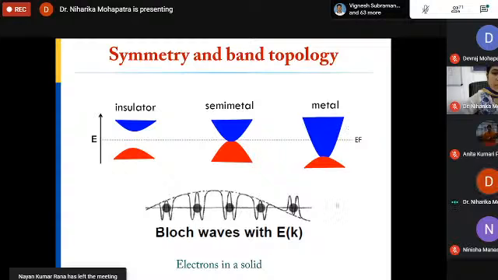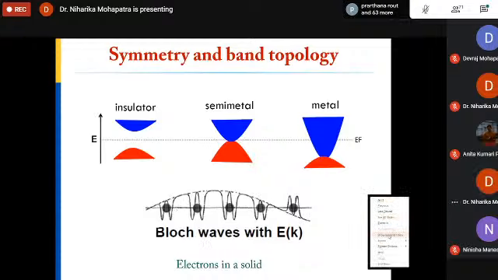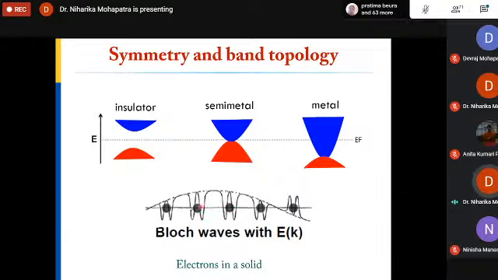Then if we look at the electronic states inside the solids, they are actually in the potential of the ions. In the solid, you have the periodic potential, and in the periodic potential you have the electronic states.